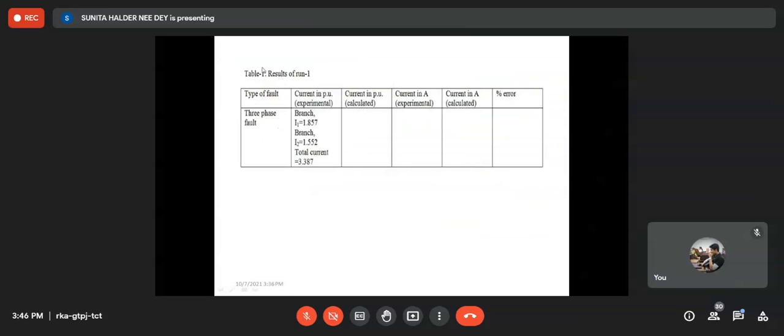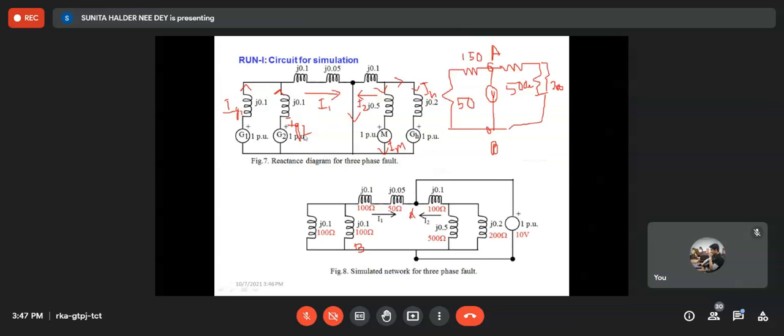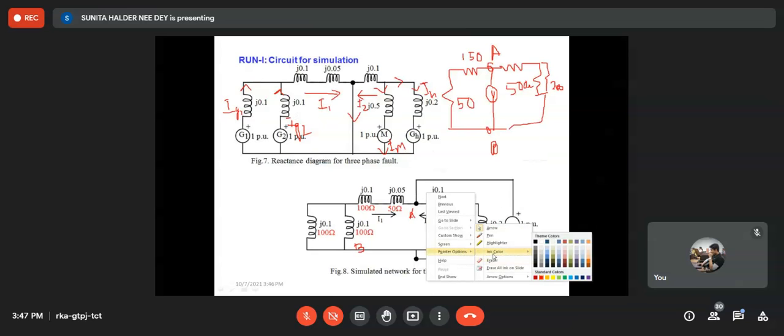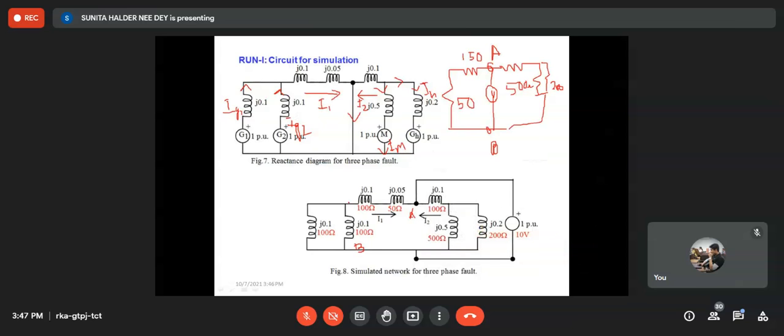Similarly, for the series one also, say branch I1 plus I2 is 3.387. If you sum these two, this is not 3.387. But why are these different? Because we have measured this current using an ammeter. So we have put an ammeter here, then the same ammeter here, then the same ammeter here.